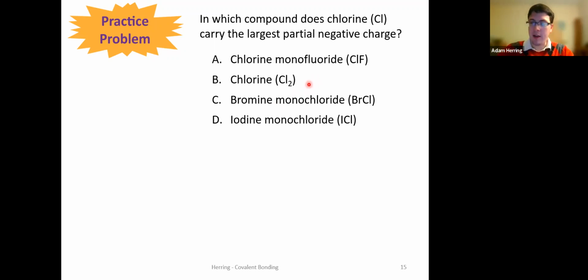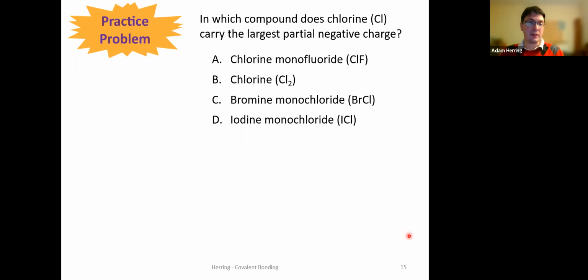We saw that the trend in electronegativity is that electronegativity of an element increases as we go from left to right and increases as we go up a column. So when you look at the location of fluorine and chlorine, bromine and iodine relative to each other, you can see that they're all in the same group.